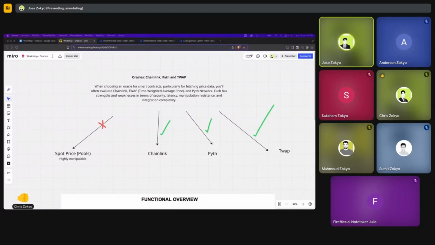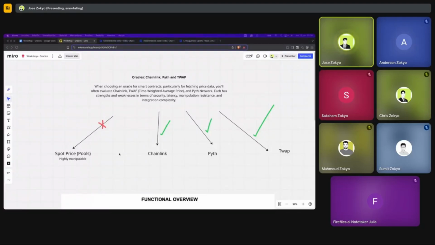Well, first of all, we need to differentiate between the trusted and recommended oracles to be used in our smart contract and something that you already know, which is retrieving spot prices, for example, from pools, or not always from pools.